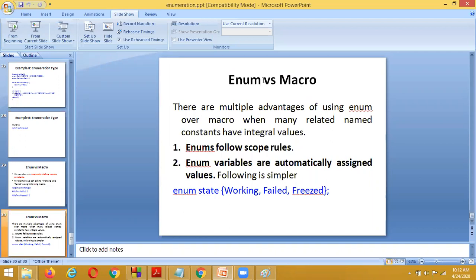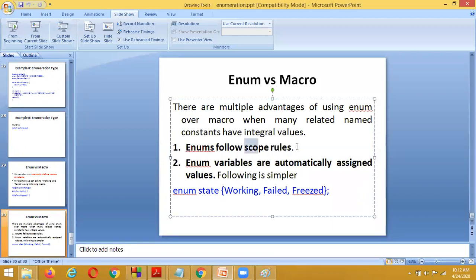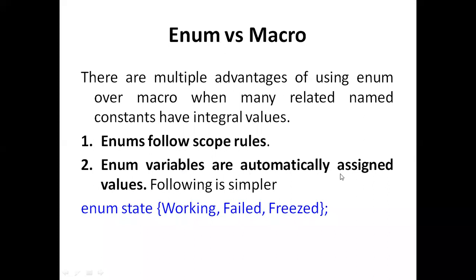Enumeration is also used for declaring constant values. What is the difference? Enumeration follows scope rules, and enumeration variables are automatically assigned values. If you are not assigning the value, it is going to take working as 0, failed as 1, freezed as 2.